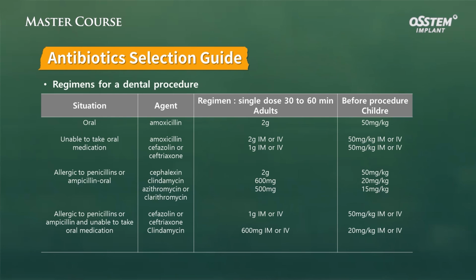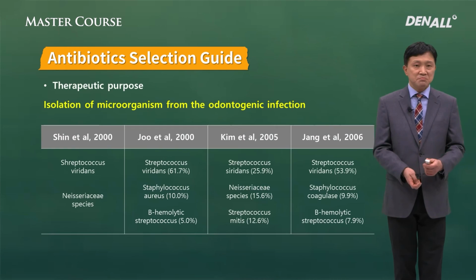In penicillin allergic cases, cefazolin, ceftriaxone, clindamycin, or clarithromycin can be used. We need to remember that amoxicillin is the standard. For penicillin allergic patients, I believe you know what type of antibiotics need to be used.